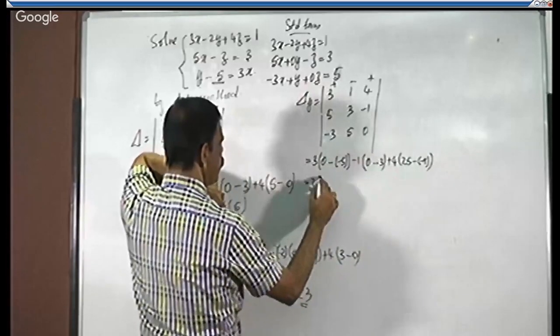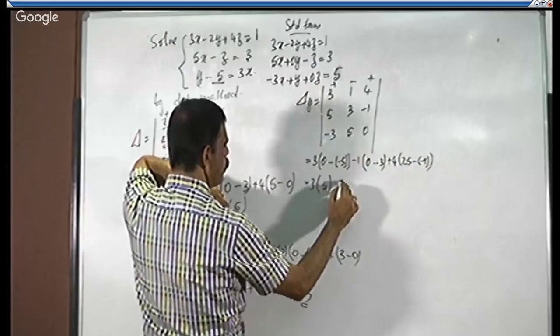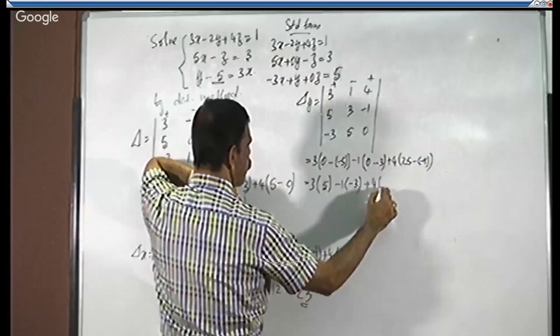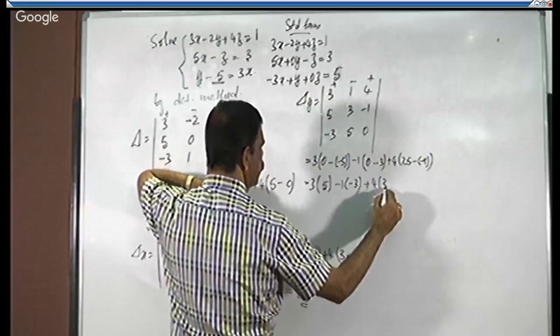That is 3 into 0, minus of minus, plus 5, it is 5 only. Minus 1 into 0 minus 3 is minus 3, plus 4 into 25, minus into minus, plus 9, it is equal to 34.